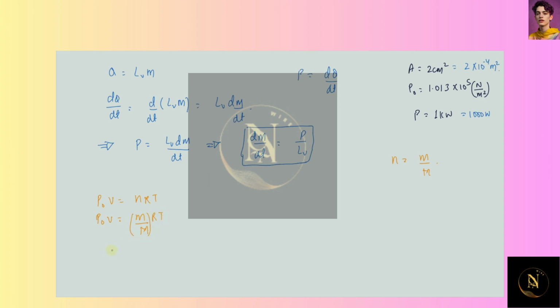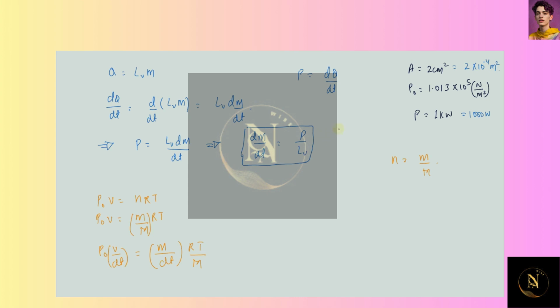Now if we calculate the rate of change of volume, it will be P_0 dV/dt, and here also we have to take dt, so dm/dt times RT by M. Sorry, it's capital M, M is the molar mass.